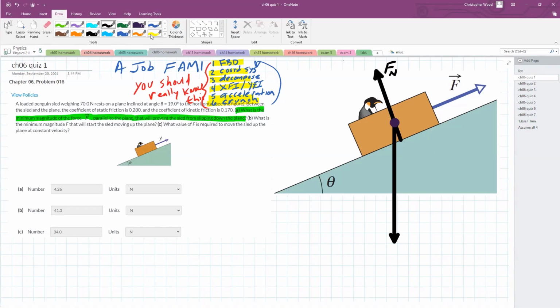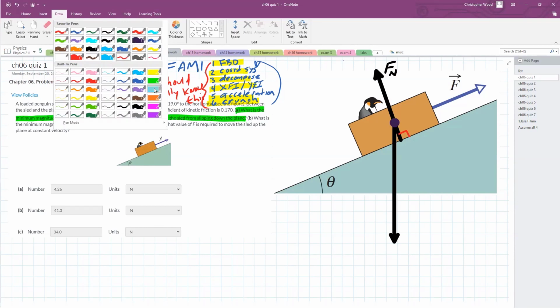The term normal is a mathematical term, which means at a right angle to. So here is the right angle. This normal force is basically the force from the ramp pressing up on the body that we're examining.